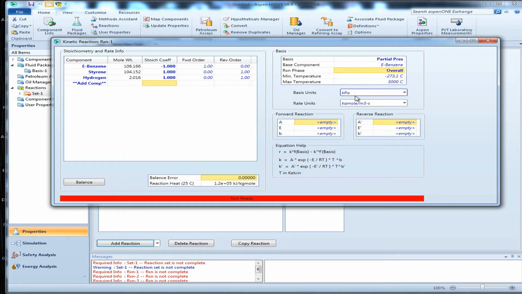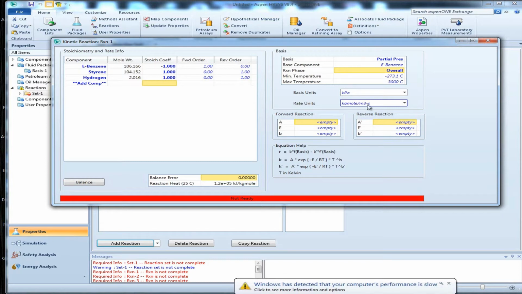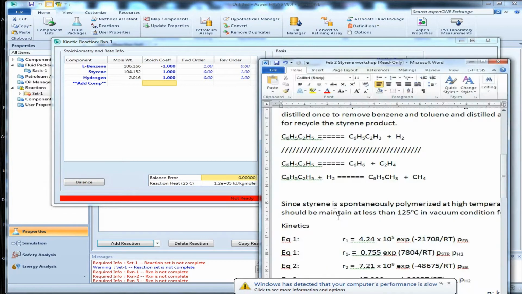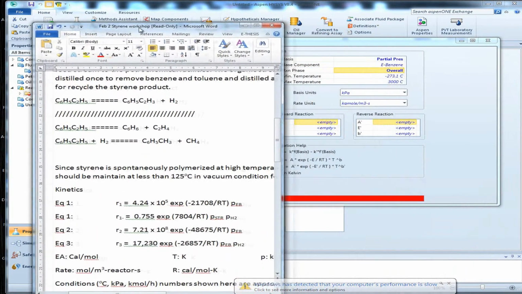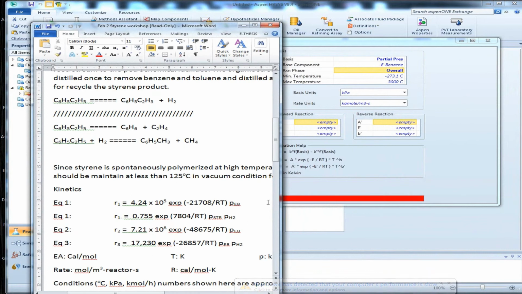The pressure we are using is in kilopascal, which is right, and the rate default in the software is in kilomole per cubic meter second. But what we have here in the handout is based on mole, so what we're going to do is divide the rate constant by 1000.